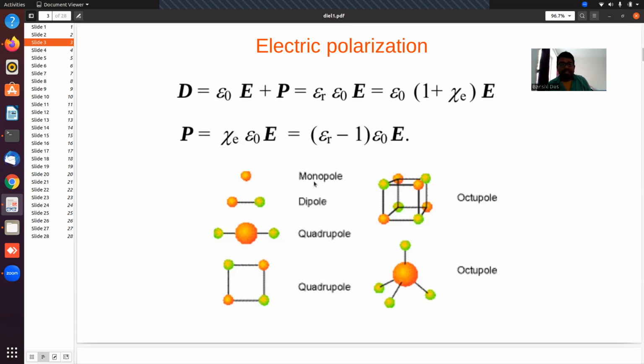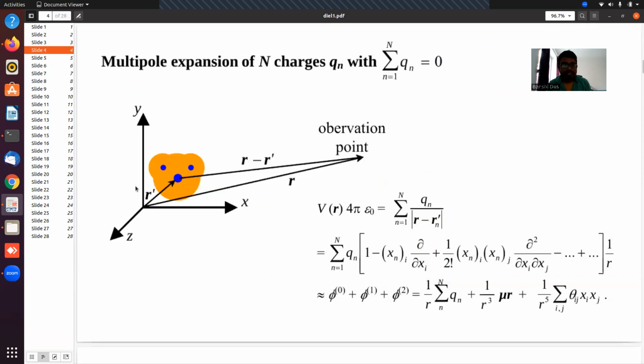At that time they did not have accurate knowledge, but they understood these things: monopole, dipole, quadrupole, what the interaction could be when there is a charge distribution. If we observe a charge distribution from very far, when r minus r prime is very large, then we see a point charge, and we can just use Coulomb's law.